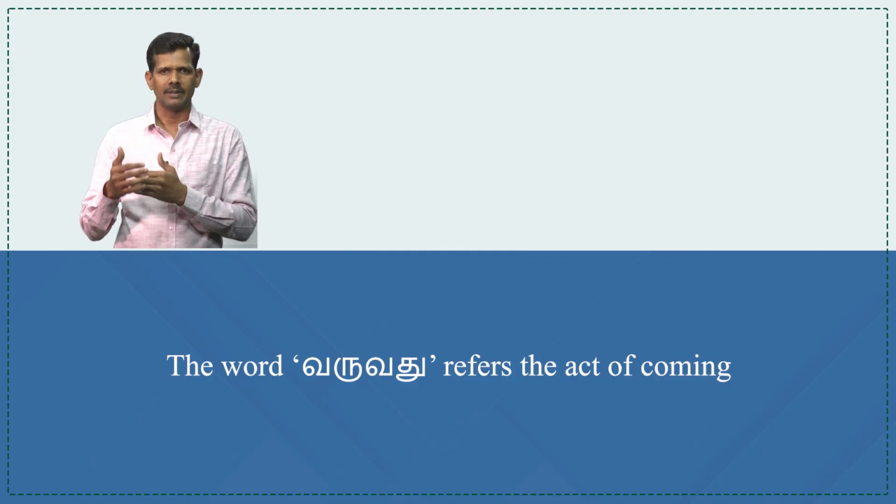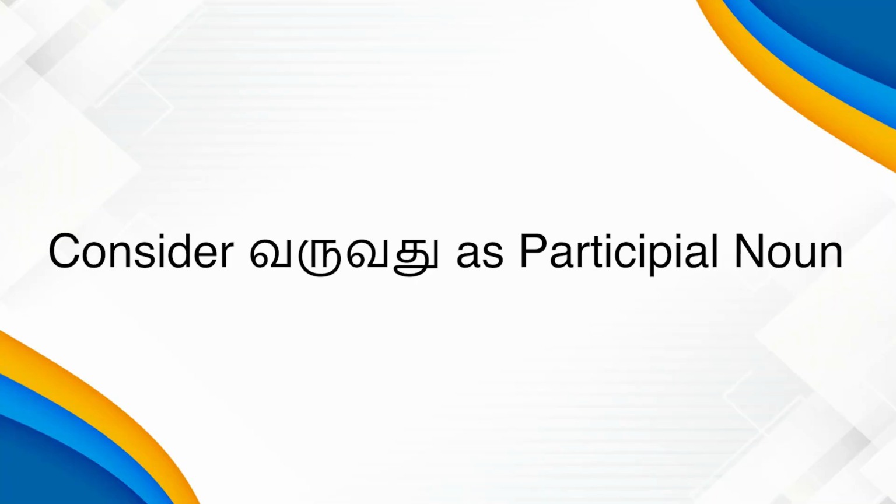However, it never refers to time; rather, it refers to the action. The word வருவது refers to the act of coming. If the word meets the above two conditions, that is, it can be replaced with the marker tal and refers to the action, then it is a verbal noun.